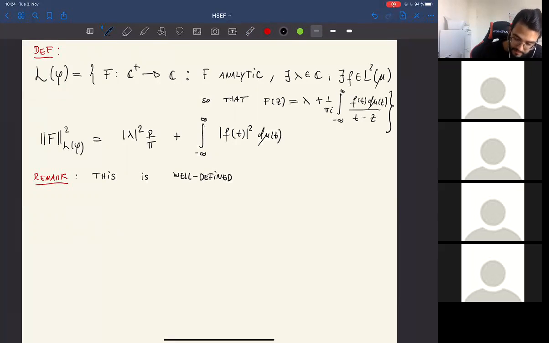Well, because suppose I write g as f of z minus lambda, for instance. Then the real part of g, I'm just removing the constant term, so the real part would just be given by this guy. So if I compute the real part, I get just a Poisson kernel.